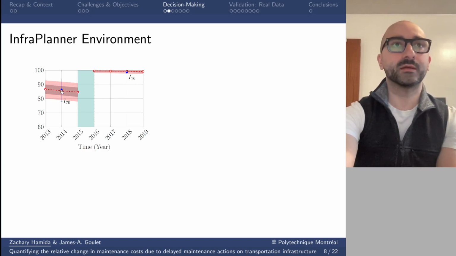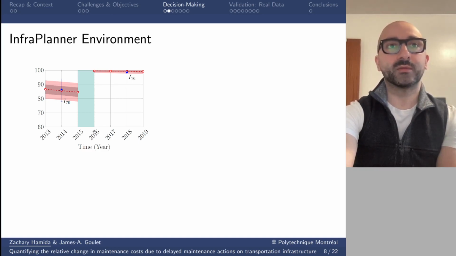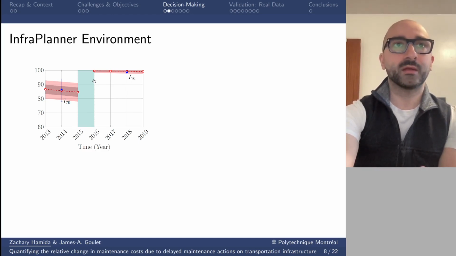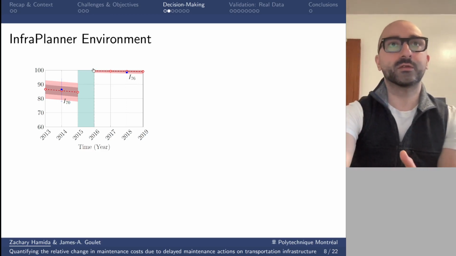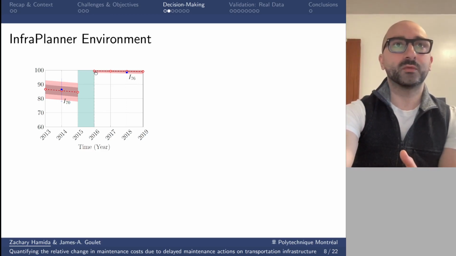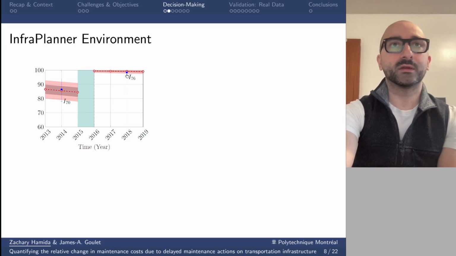The blue point here is the inspection point. And here, for example, we have an intervention that happened in the year 2016 that improved the condition of this structural element up to this point. So it's really in the high 90s. And then here we have another inspection at year 2018.